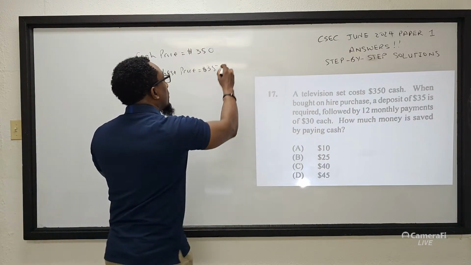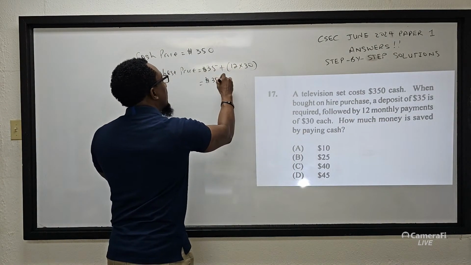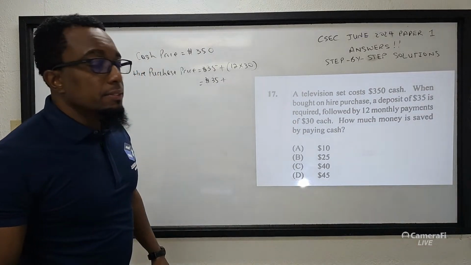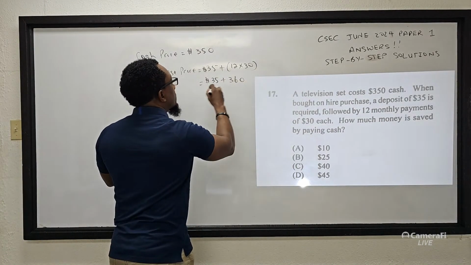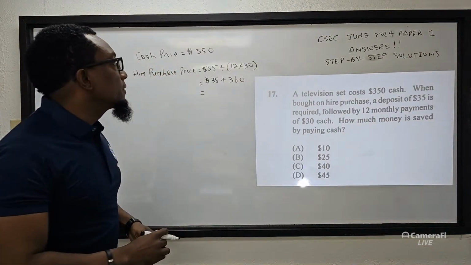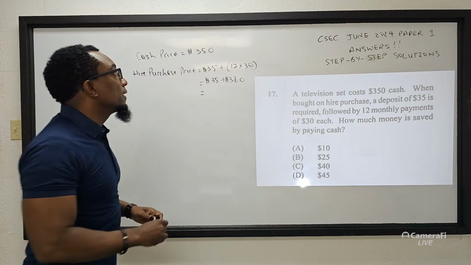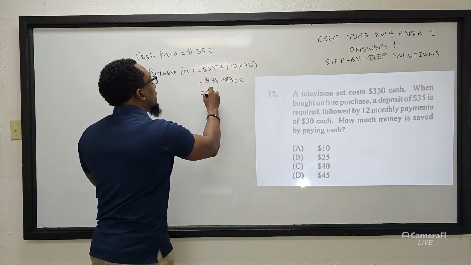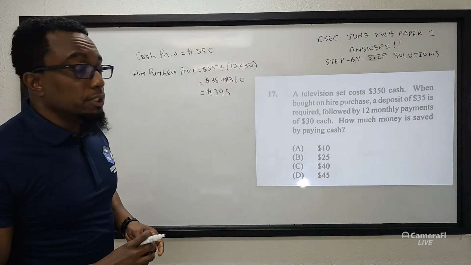So it's going to be 12 times 30. We know 12 by 30 will give us 360. So $35 plus $360 will give us $395. That's the hire purchase price.